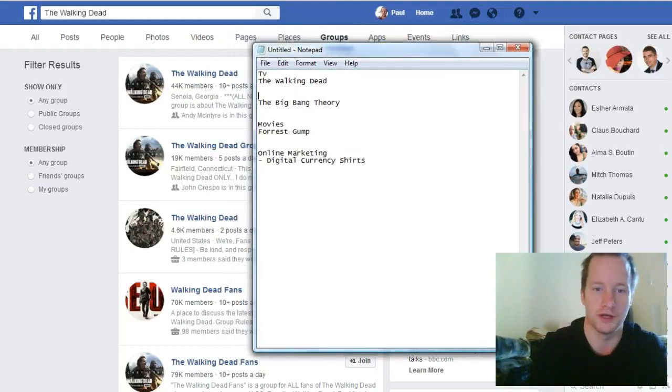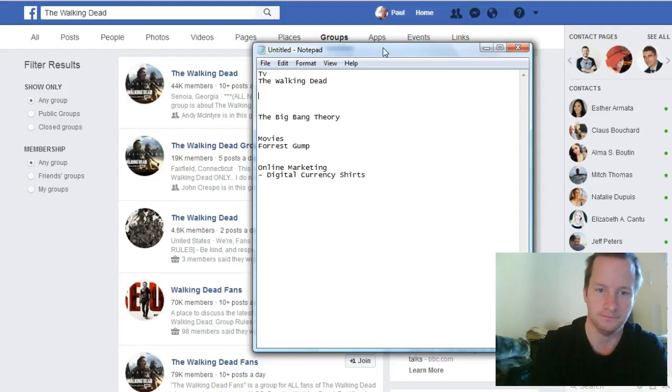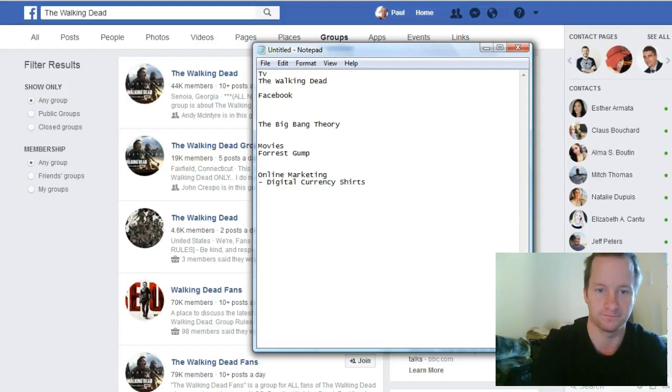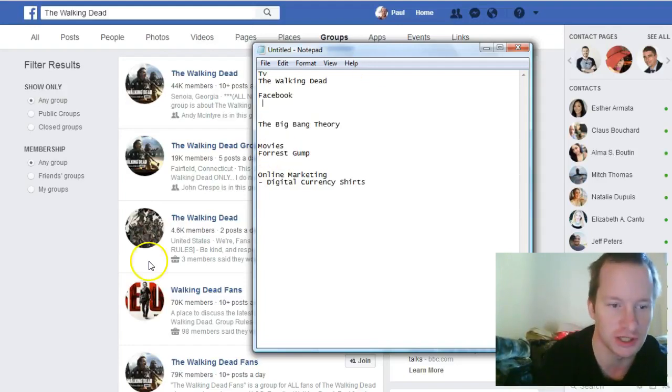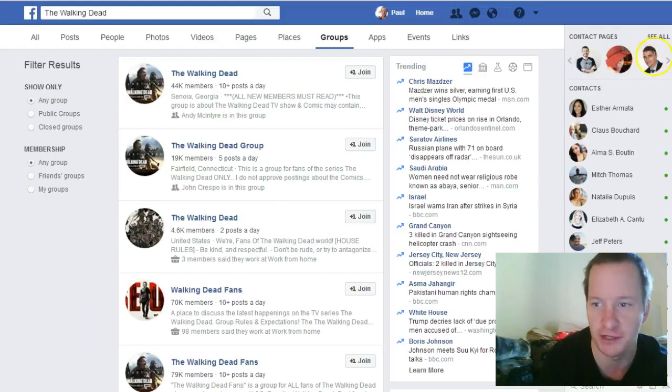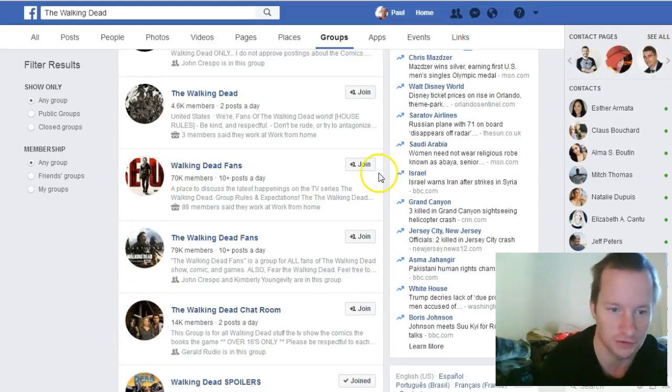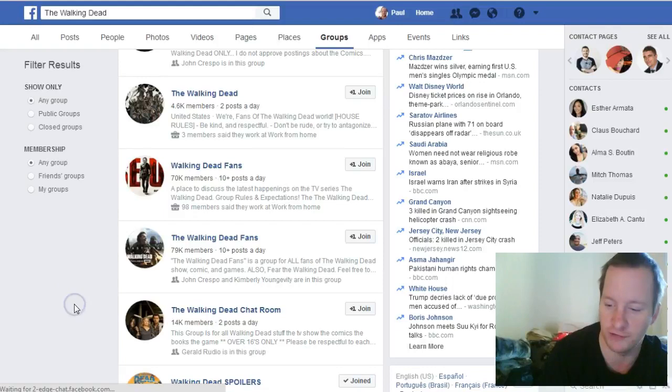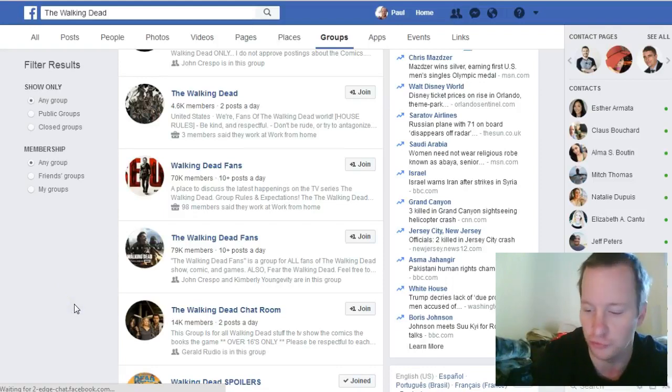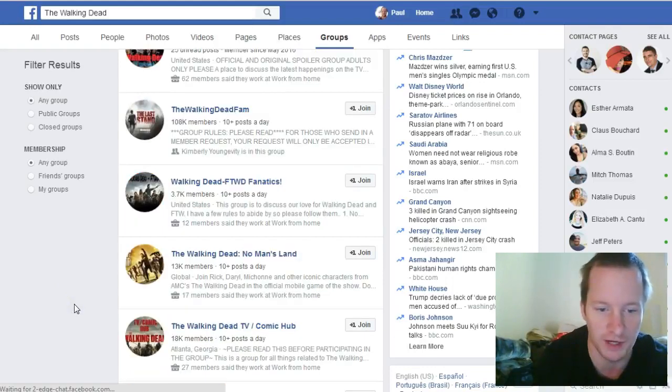So for The Walking Dead, we got Facebook, and how many groups? Let's check how many we have here. These groups are ranked from the most members to the least. Each group has over about 8.